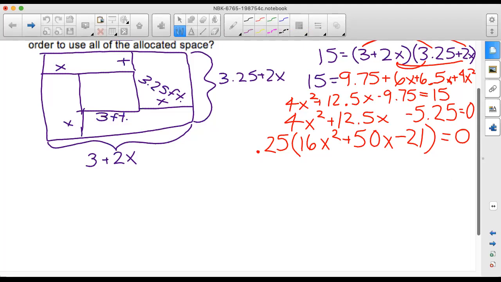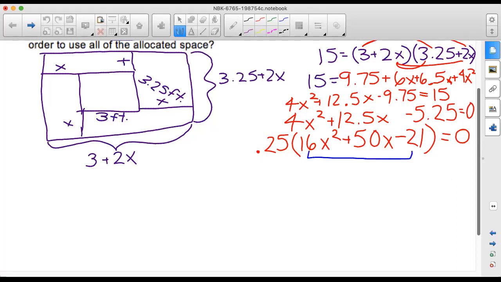All right. So now that we have the 16x squared plus 50x minus 21, what should we do to factor that? Jordan? Wouldn't you multiply 16 and... Yep, then AC.